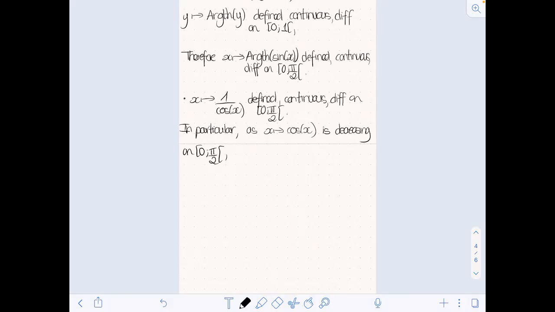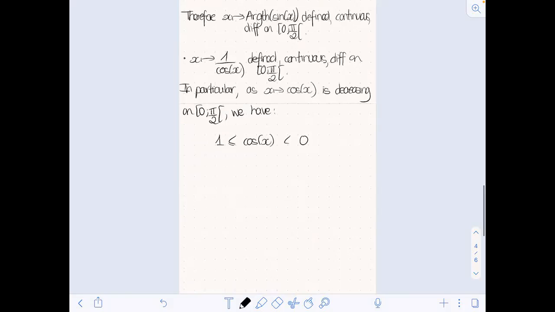What that means is that we have 1 smaller than cosine of x, smaller than cosine of π/2, which will be equal to 0. Okay, and in particular, that's absolutely the wrong way around. Get it like this.